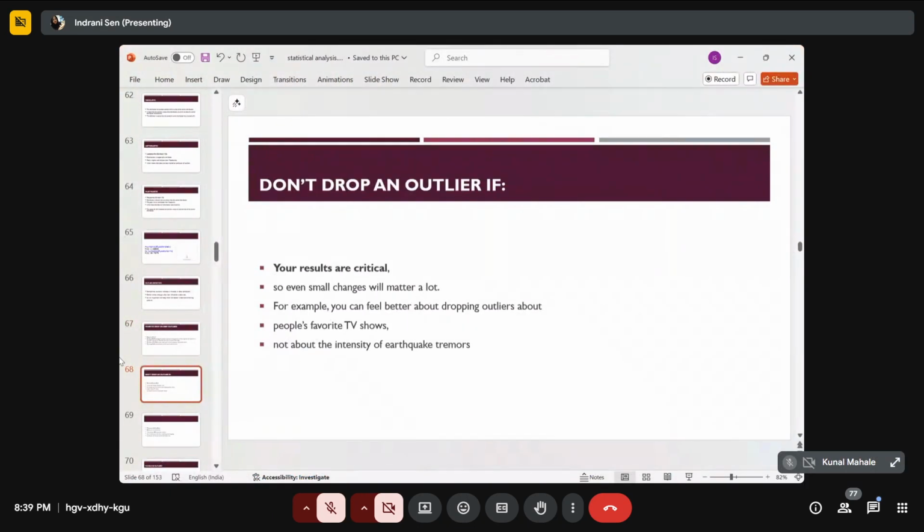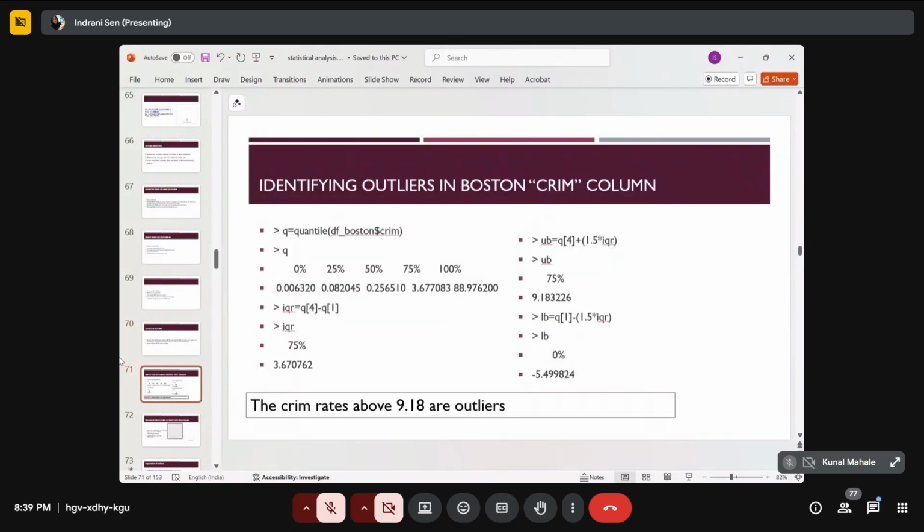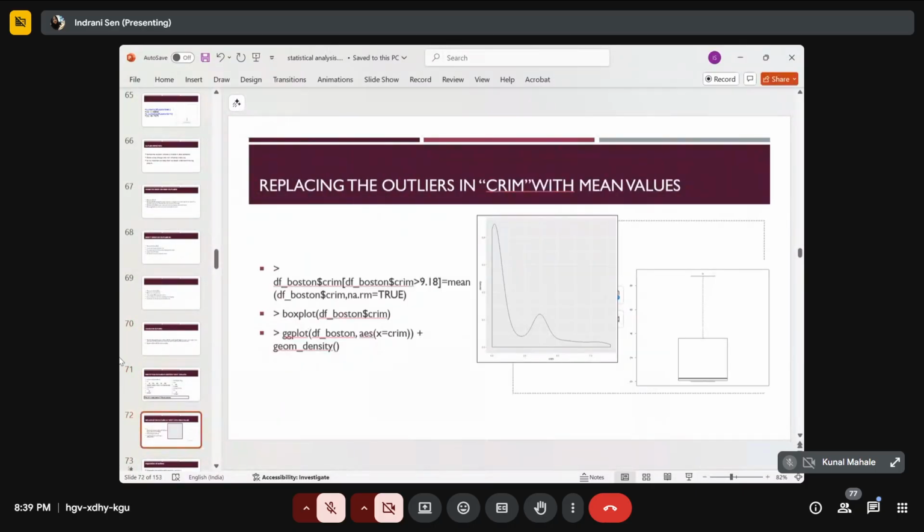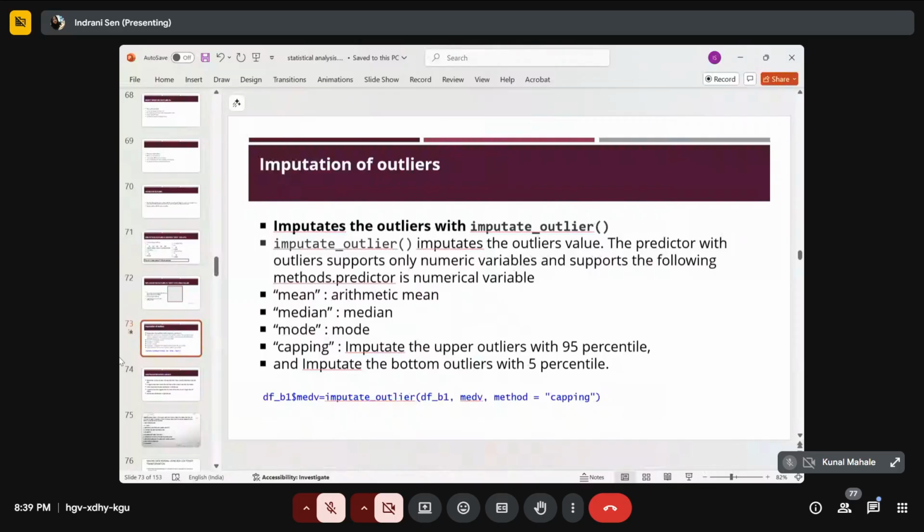So if you want to drop or keep an outlier, for handling outliers we can replace outliers with some value. We can replace them with the mean or the median if they are continuous numeric variables. If it's a categorical variable, we can replace them with the mode.